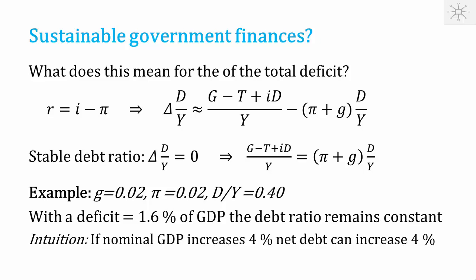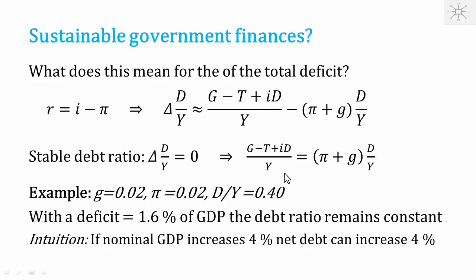Well, this little calculation here shows that we can write it as the expression in the middle here: the deficit, which is G minus T plus the nominal interest rate times the debt relative to GDP. So this is the total deficit, including nominal interest payments, relative to GDP.